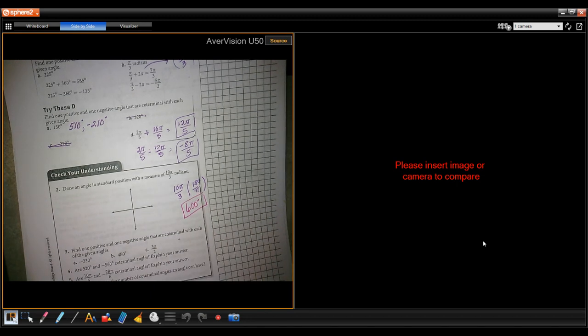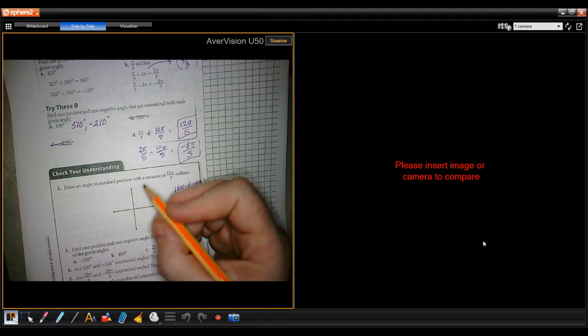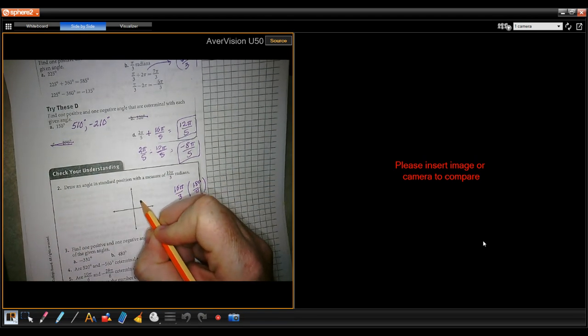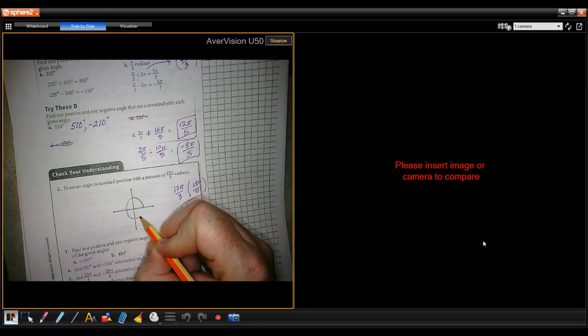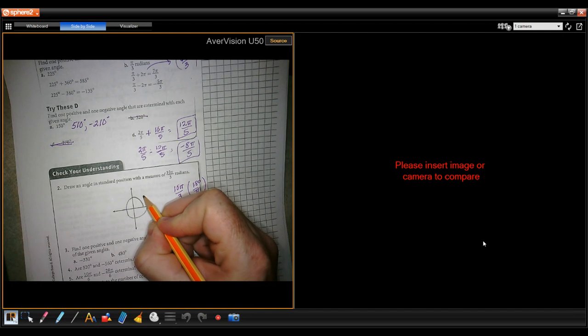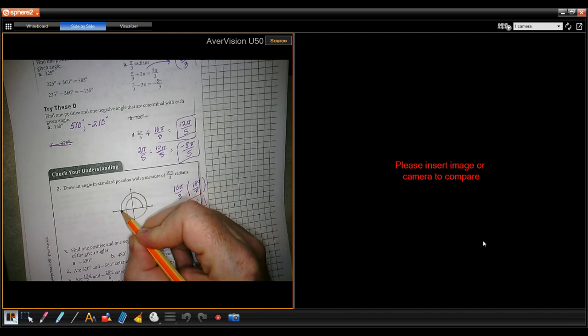Okay, so let's draw 600 degrees. So that would be how many times around the circle? Put your pencil on the positive x-axis. It's positive, so you're going to go counterclockwise. So there is 360. Then how far do I go? 360 plus 180.